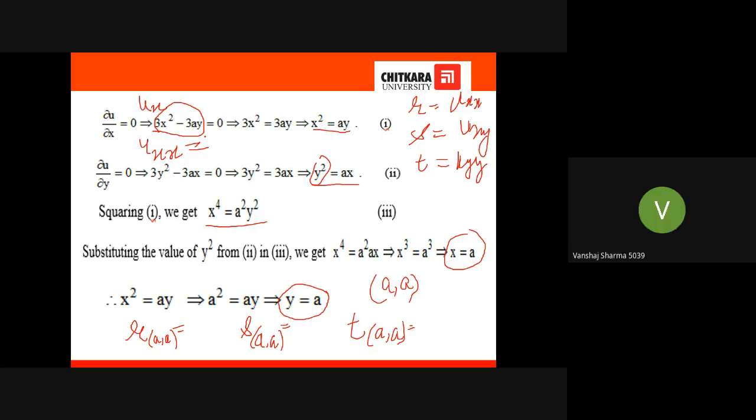Ma'am, 6x. 6x. And what will be the differentiation of minus 3ay? Ma'am, it is a constant, so it would be 0. Yes. Right? It means you'll be having r is equal to 6x. So it would be 6a. Done? Yes. Now find out s and t.